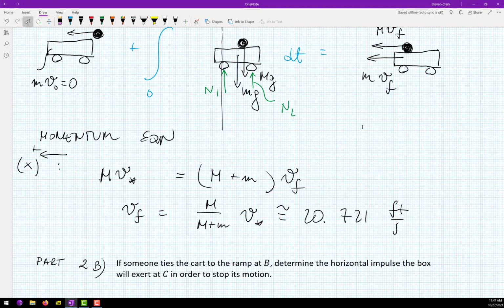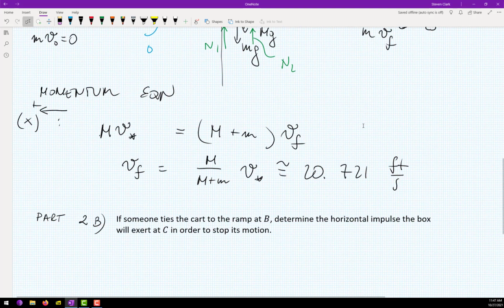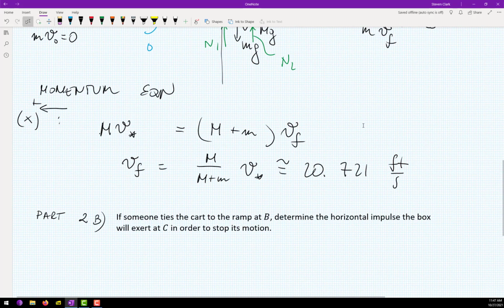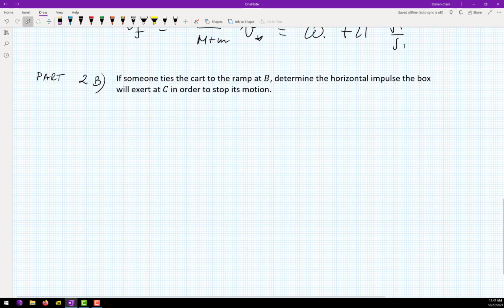Okay, guys, we have 3 minutes. Can we do it? I think I can do part B in 3 minutes. So now we have exactly the same situation, so let's draw our cart 3 times.